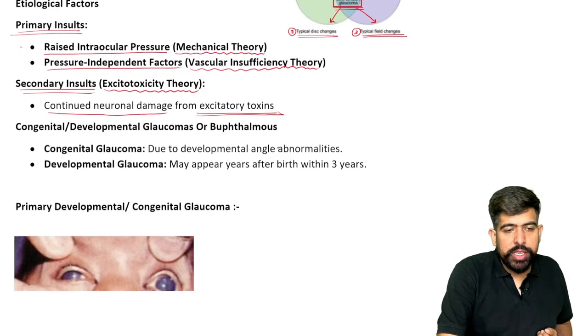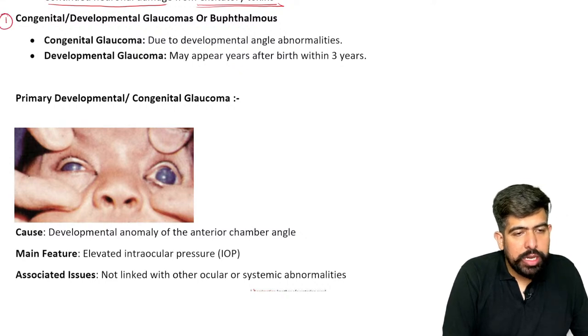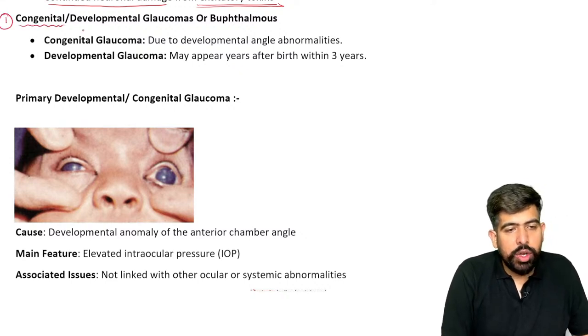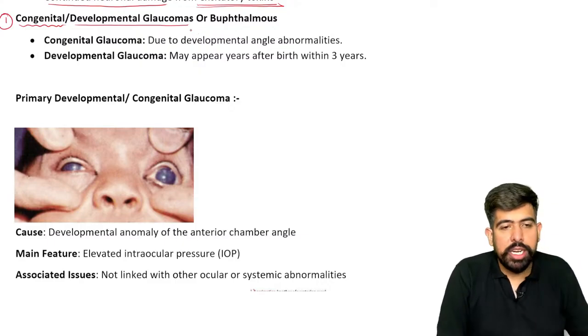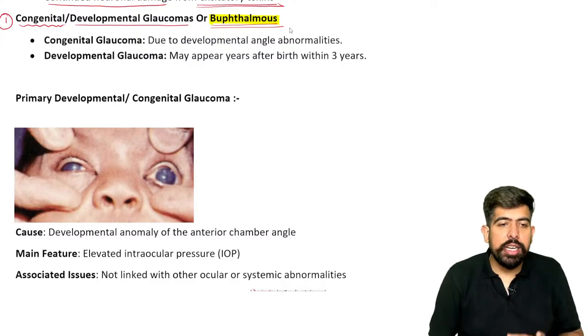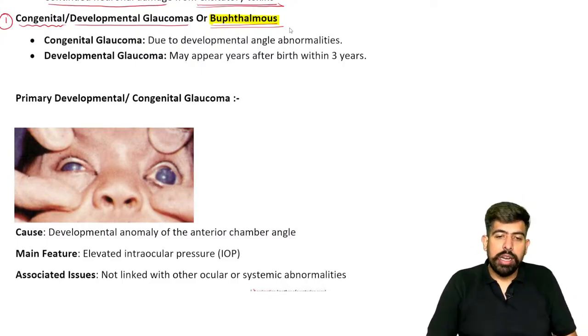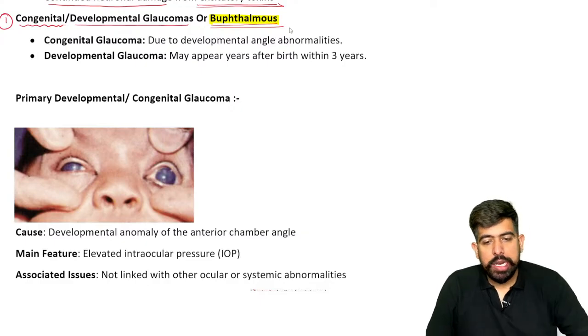Starting with the first type, we are talking about congenital glaucoma, or we can say developmental glaucoma, also known as buphthalmos. We'll talk about why it is known as buphthalmos. Just remember that congenital glaucoma is also known as developmental glaucoma.